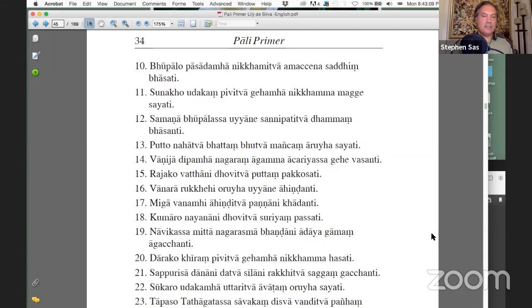Very good. Yes, it's kind of a weird sentence, but this is a typical way that Pali sentences are stuck together to make very long sentences. So yes, having bathed and having eaten rice, the son climbs into the bed. Very good. Thank you. Maybe we'll take just a few more. We'll skip around just a bit.